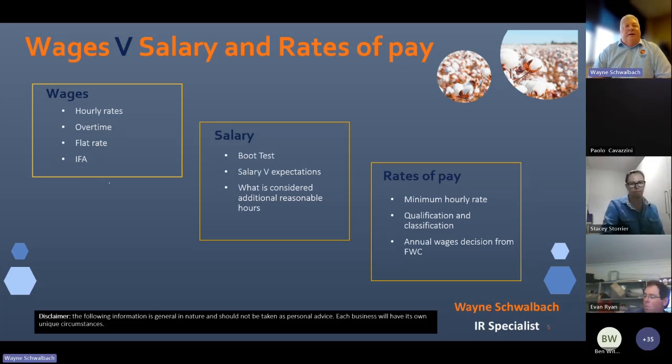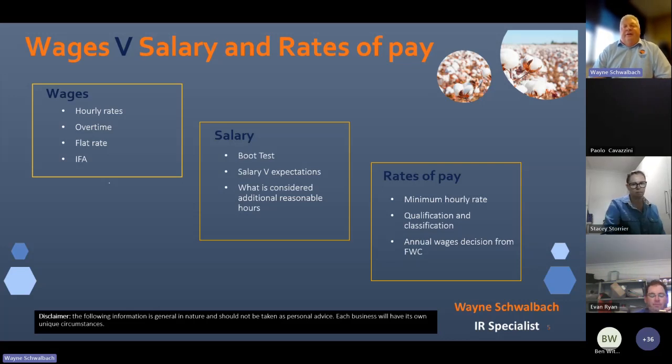A lot of cotton farmers and people in the pastoral award use the flat rate system, and that's normally done by what's called an IFA. So it's an individual flexibility arrangement. That means that individually, so every employee is different, with an employee, you can vary 5 things.